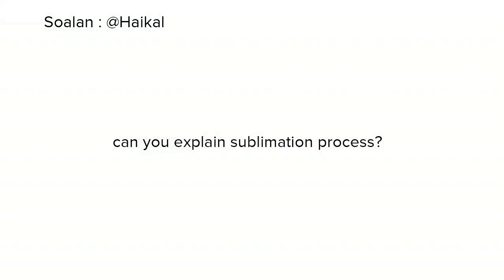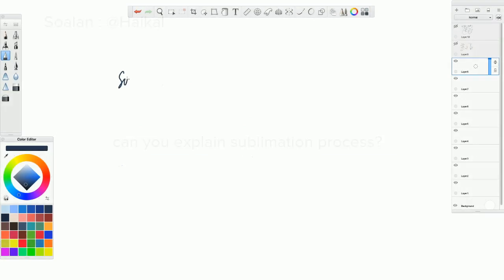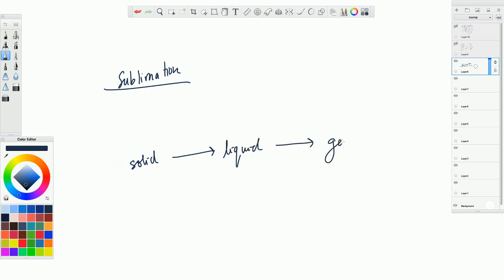Can you explain sublimation process? Okay. So, sublimation. For normal matter, what happens is solid turns to liquid, then turns to gas.